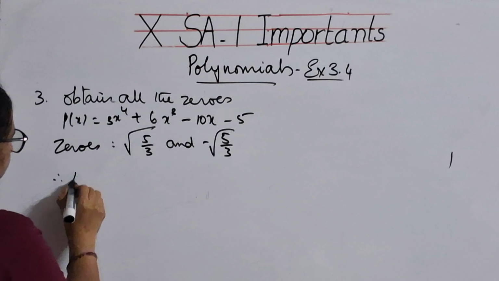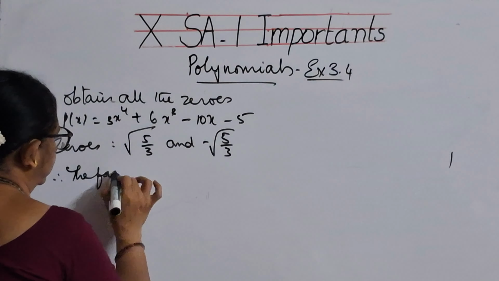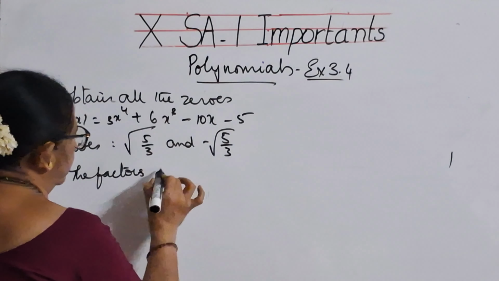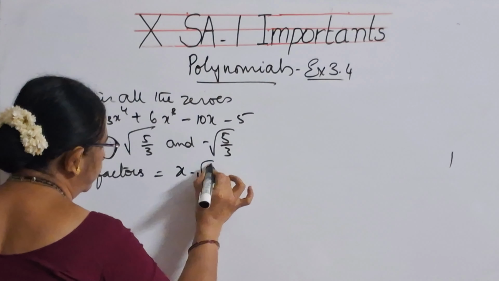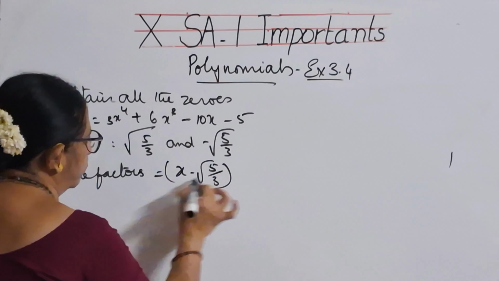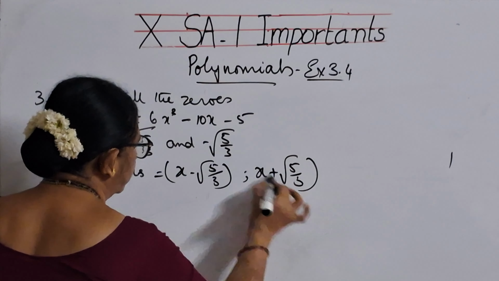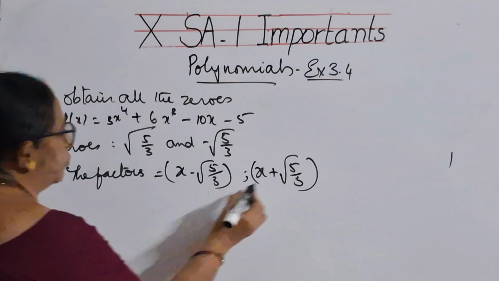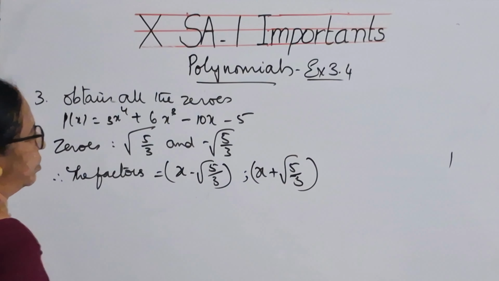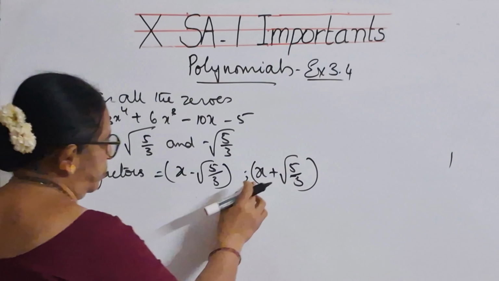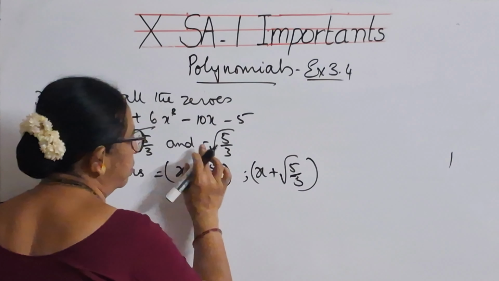Basing on this, the factors can be taken as x minus root 5 by 3 as one and x plus root 5 by 3, because x minus root 5 by 3 is equal to 0 gives x equal to root 5 by 3, and x plus root 5 by 3 is equal to 0 gives x equal to minus root 5 by 3.